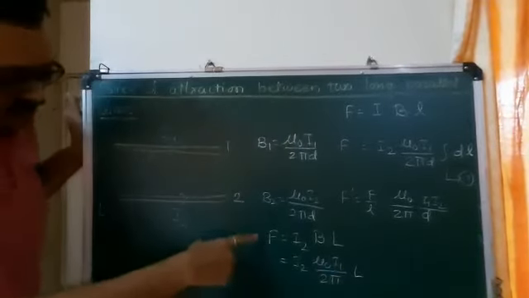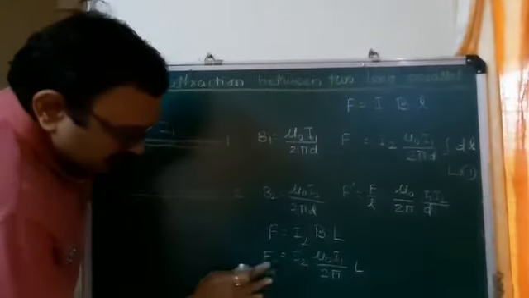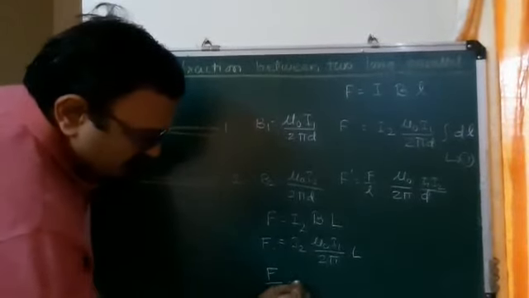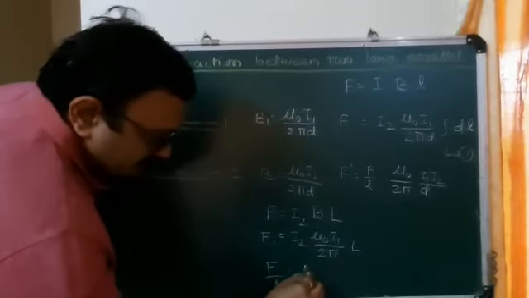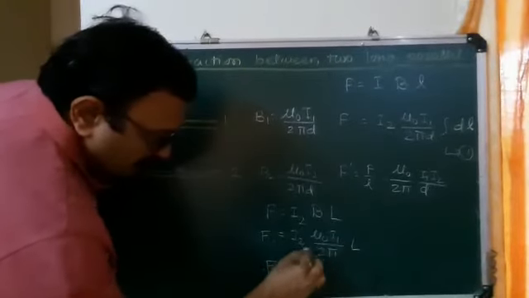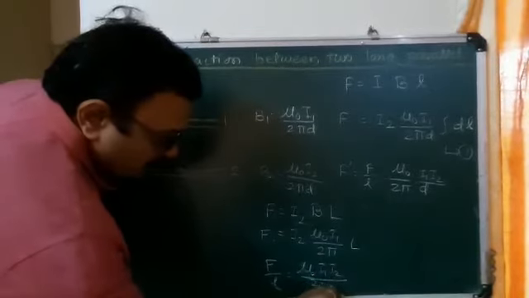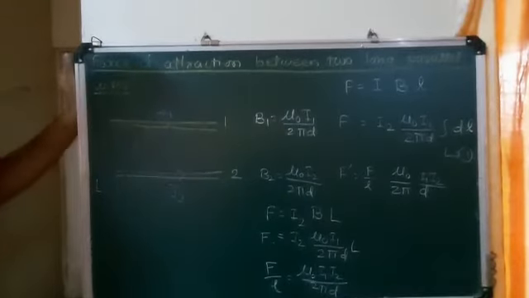From this equation, rearranging, the force per unit length will be mu 0 I1 I2 upon 2 pi into d. This is the equation for this.